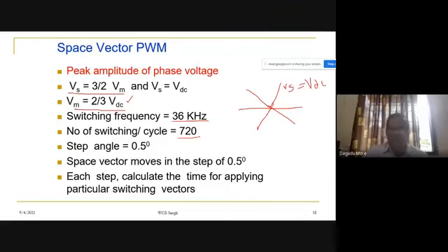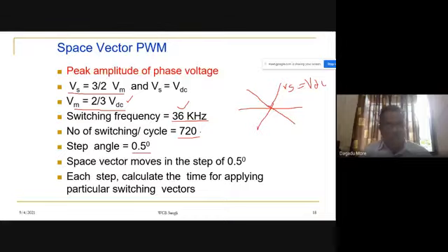So our step angle will be 0.5 degrees. Is it clear? For 36 kilohertz, in one cycle we get 720 steps, so one step is 0.5 degrees.